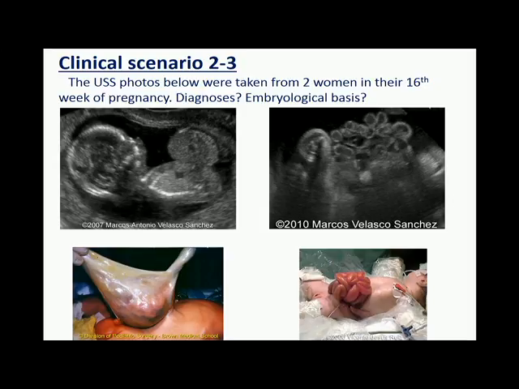So the abdominal contents are now floating inside, and the intestinal loops come out. So in this condition it is not covered by the peritoneum. Again, you can only diagnose it after 11 weeks on ultrasound scan.